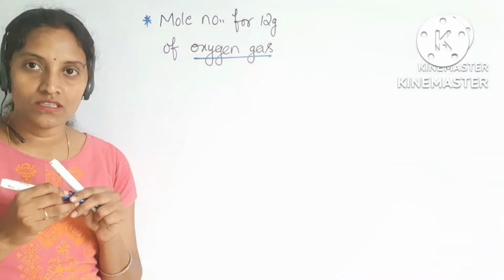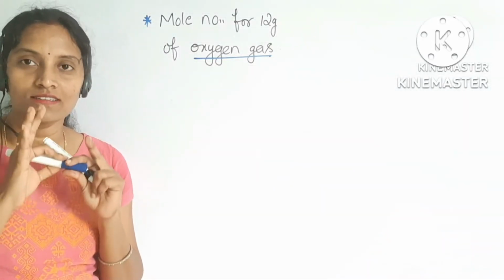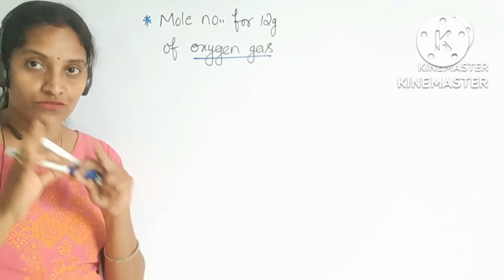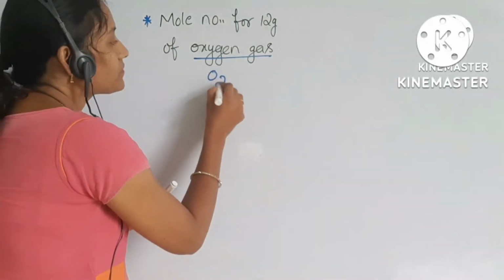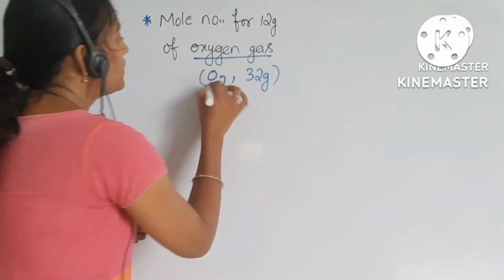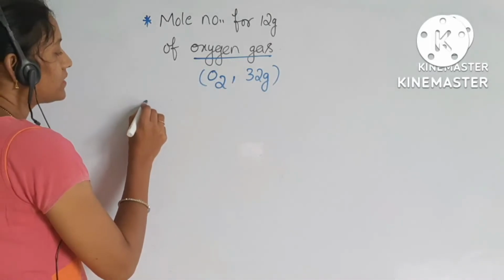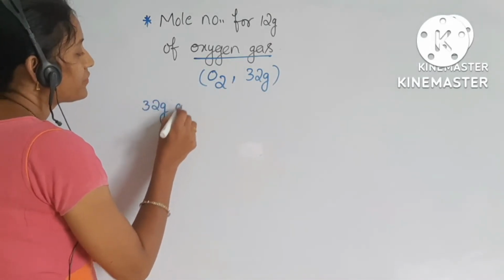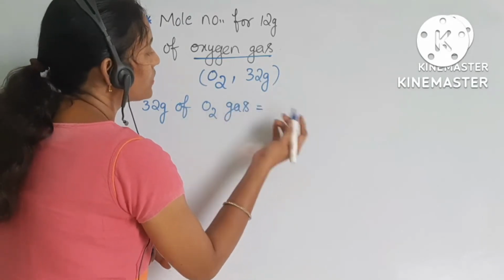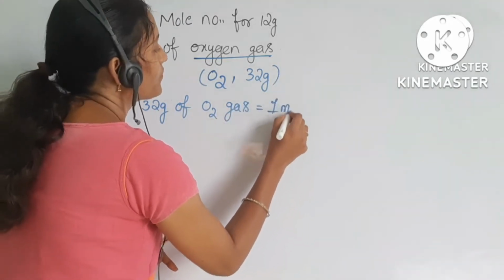Oxygen is always present in the gaseous state, with molecular formula O2. Its molecular mass is 32 grams. So 32 grams of oxygen gas is equal to 1 mole.